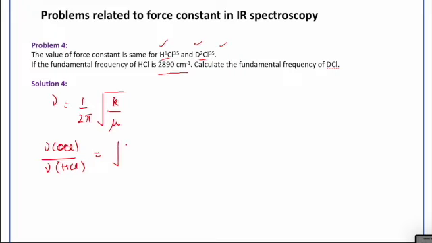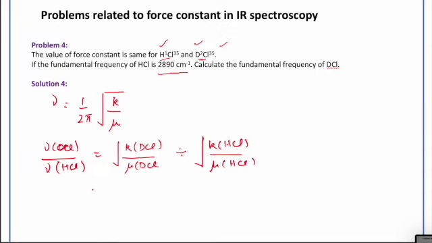Okay, so it will be equal to square root of force constant of DCl divided by mu of DCl, right? And so this will be divided by force constant of HCl over mu of HCl.